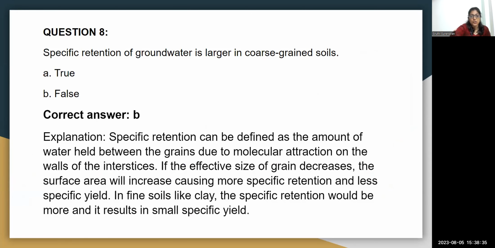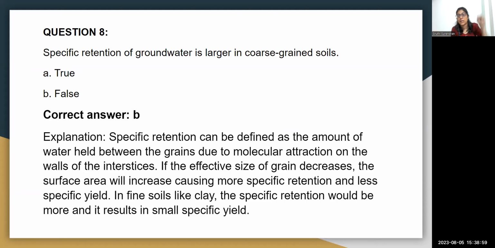So that is why it is false over here. The large size particles are not able to retain as much water as a small size particle like clay can. So the specific retention keeps on increasing as the particle size decreases. So it is not large in coarse grained soil. Retention capacity of coarse grained soil is lesser.